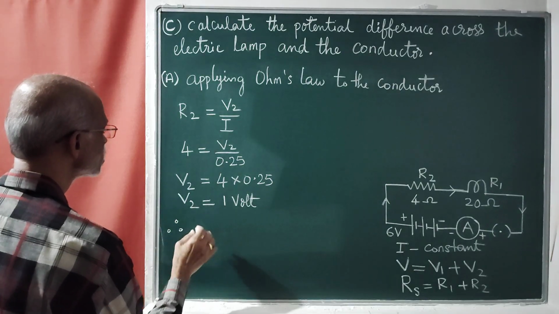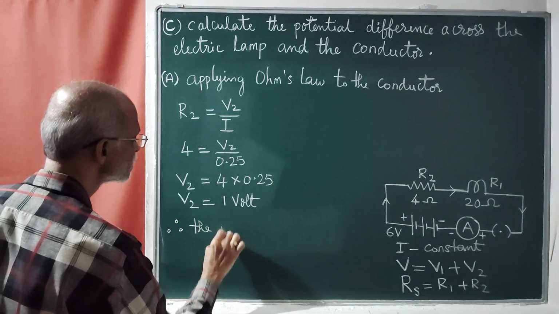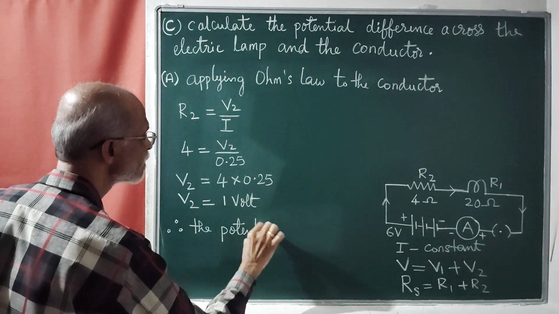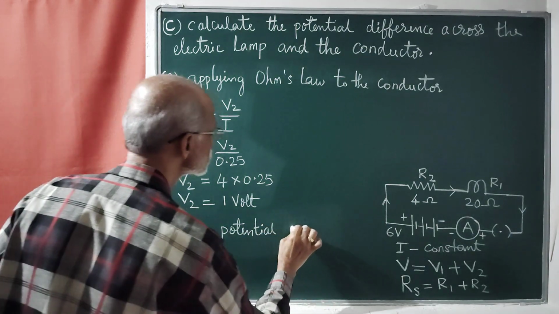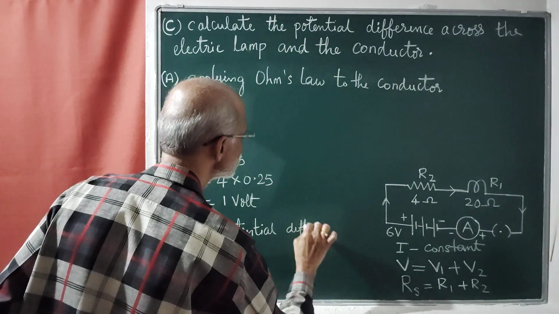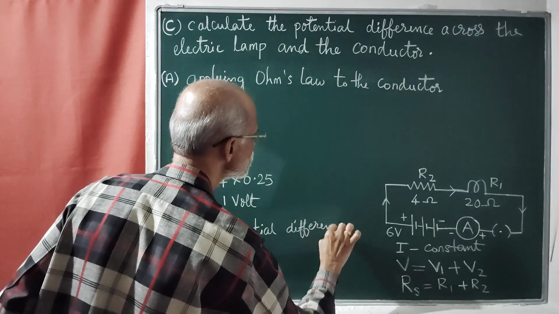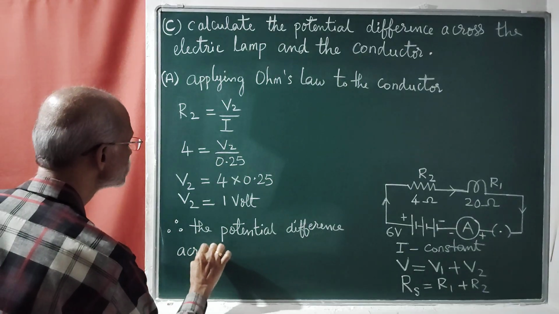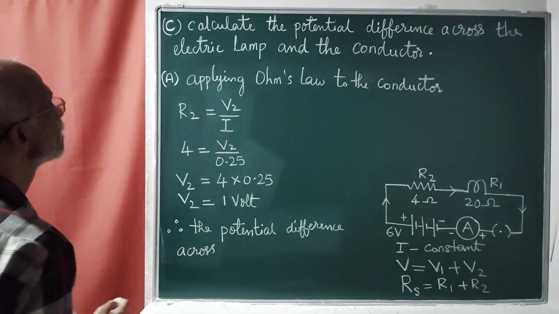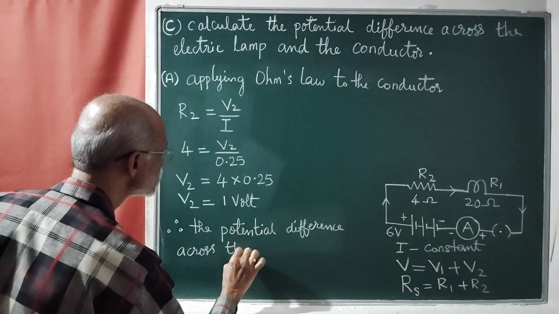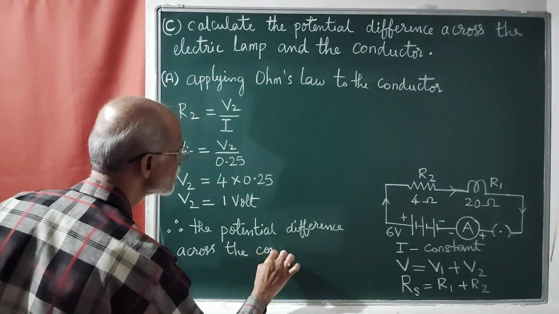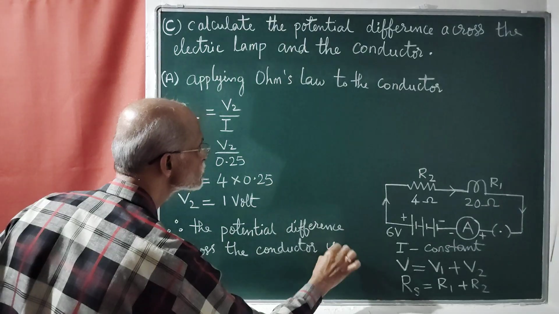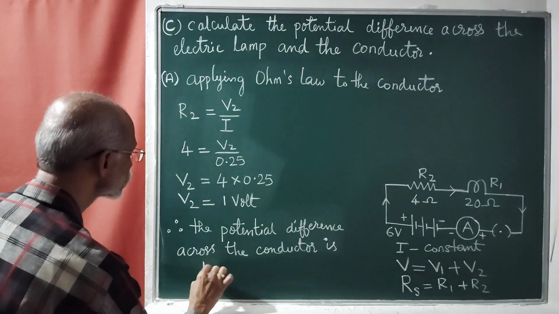Therefore, the potential difference across the conductor is 1 volt.